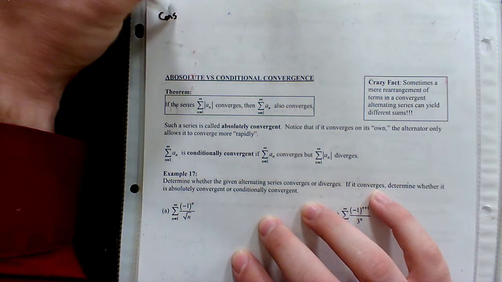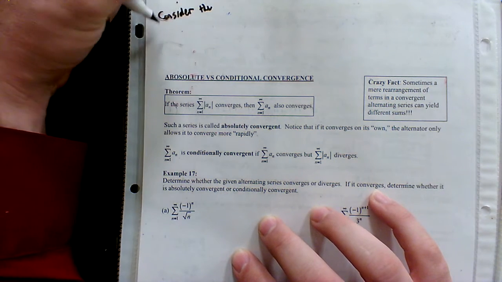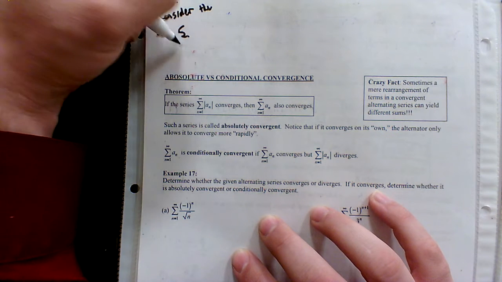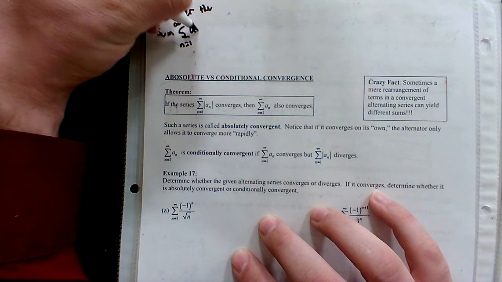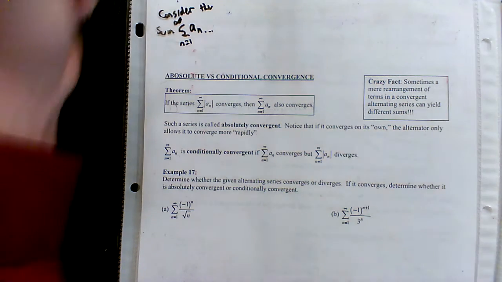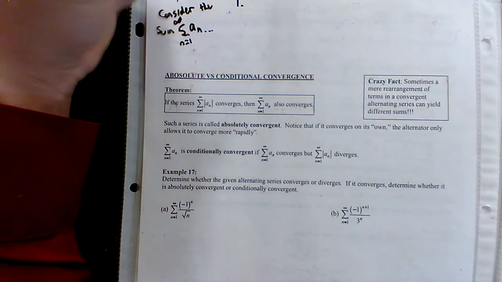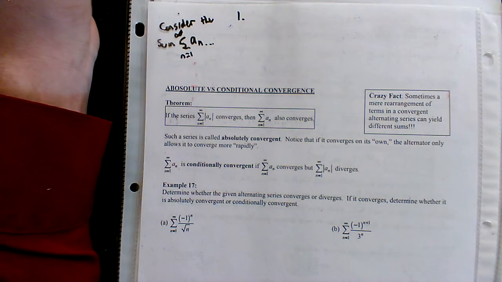So we're going to consider the sum from 1 to infinity of an. Okay? We're going to say two different things about it.